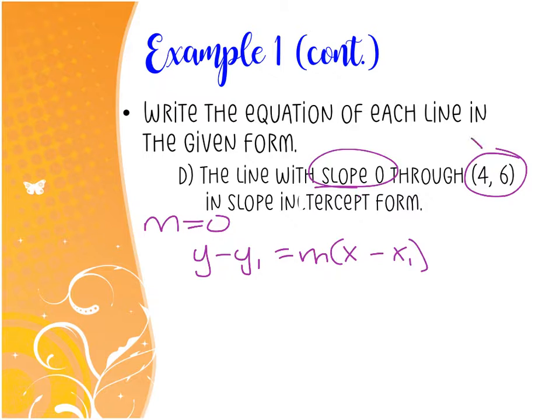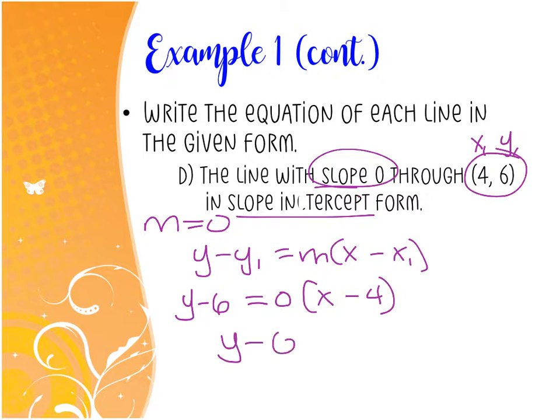So this is my x1, this is my y1. y minus 6 equals, my slope is 0, times x minus 4. And then I need to solve this for y because slope-intercept format is y equals mx plus b. So I get y minus 6 equals 0 times x, which is 0. And 0 times -4 is 0. So then all I have to do is add the 6.